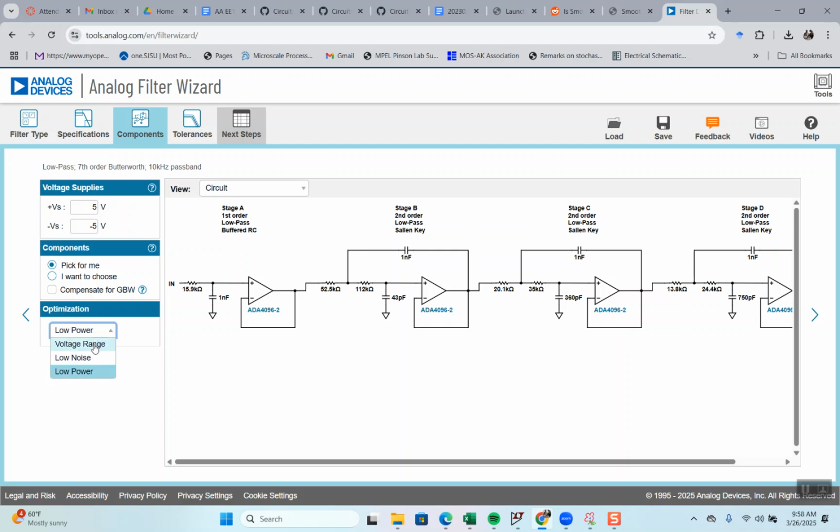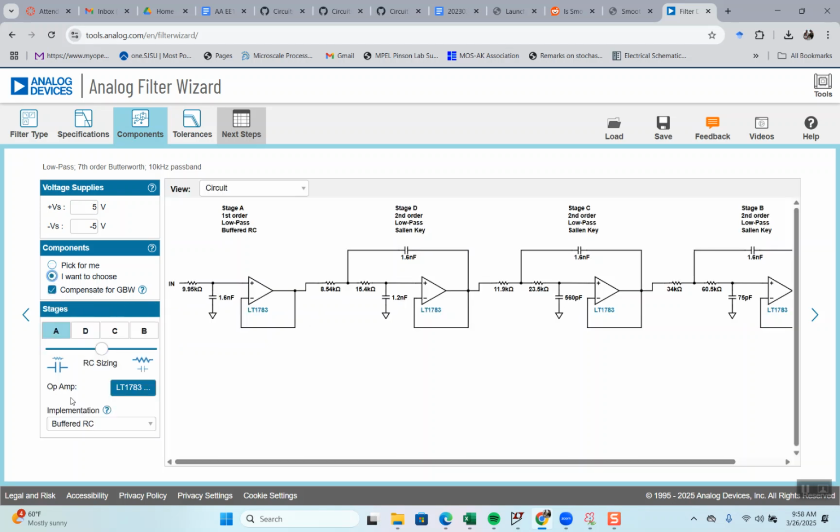What about voltage range? Does that change it? But there's some, oh, compensate for gain bandwidth. Okay. But there's something where I'm supposed to be able to choose. I want to choose. Okay. Op amp implementation, buffered RC.